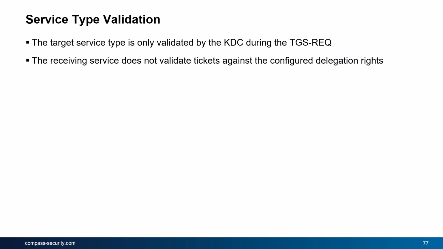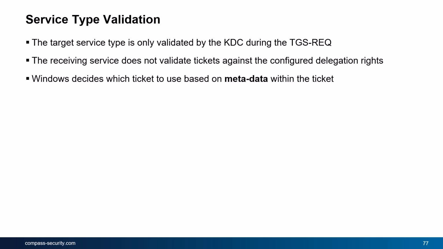The actual logic behind this is that the service cannot differentiate whether this is a delegation ticket or an actual user ticket. So it simply accepts all tickets that come in a valid format, meaning the cryptographic checksums are okay and the decryption process works as intended.